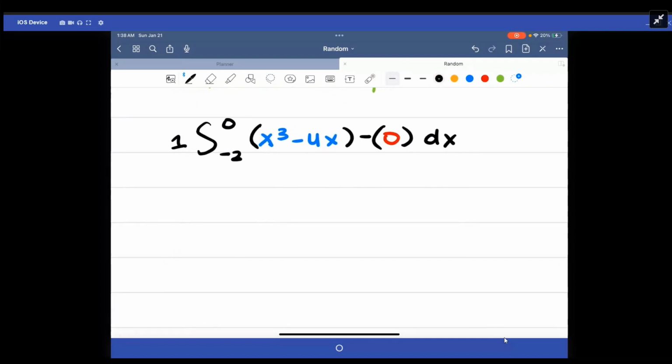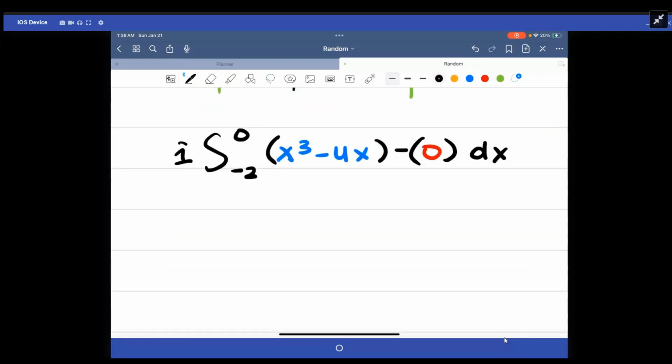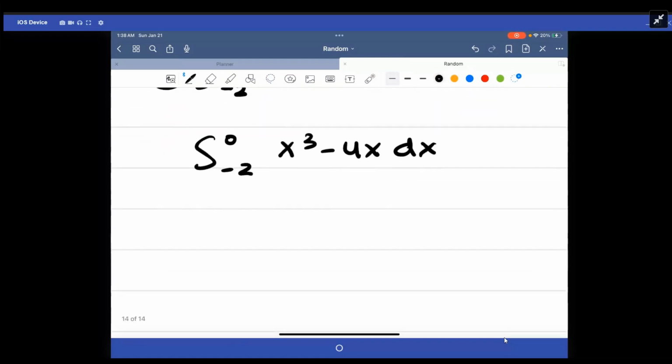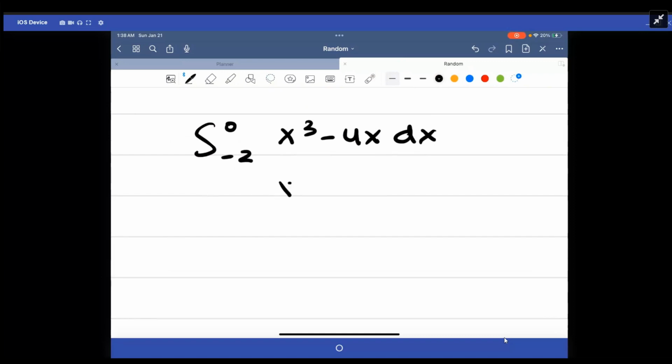So let's actually find the integral. Oh, by the way, this is just number 1. So that's the integral from -2 to 0 of x cubed minus 4x dx. That's x to the 4th divided by 4 minus 4x squared divided by 2, from -2 to 0.